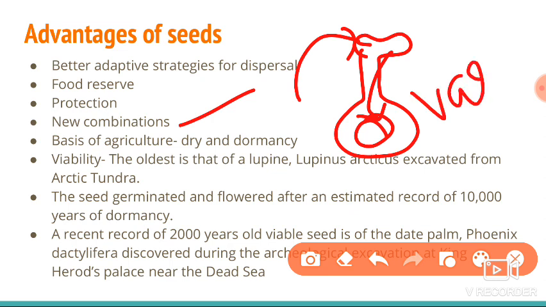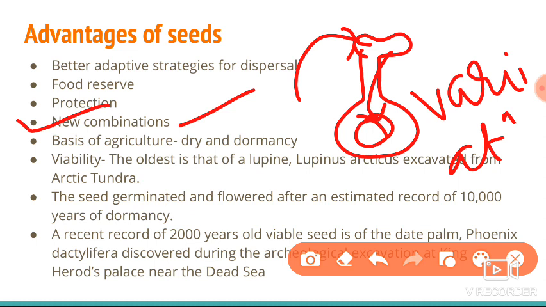They need variations. That is very important, and that variation is made because different gametes are going to be fused here. Variations are required, and those variations are produced through the seeds. This is the new combination of gametes allowed here. This is the next point.